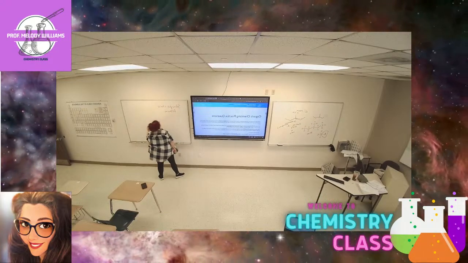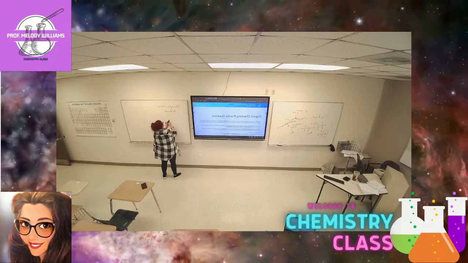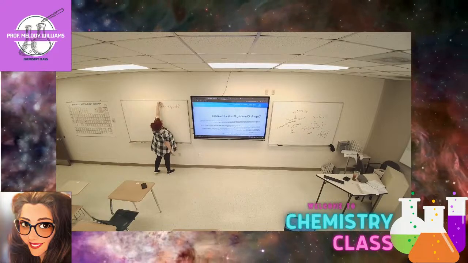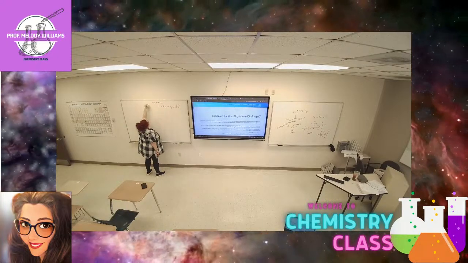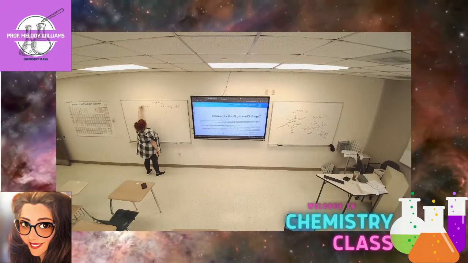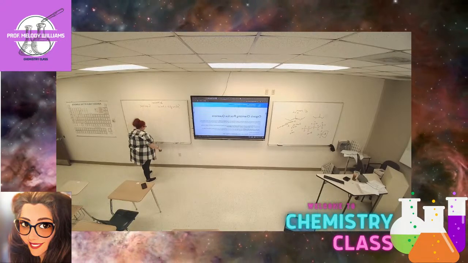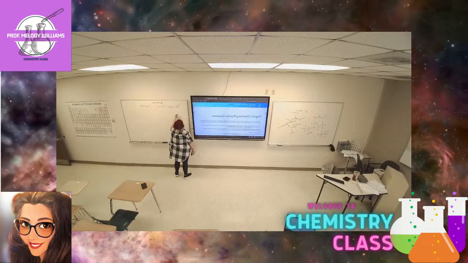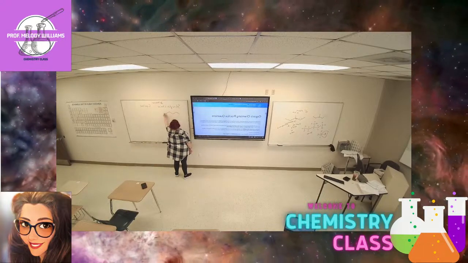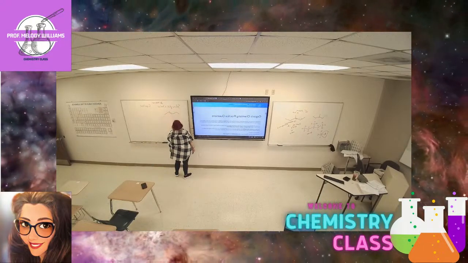Here I'm going to put alkenes on the top. It makes more sense to do it that way. Alkenes, we can have straight chain, and we can have cyclical, rounded. Straight chain alkenes kind of look like this. You can have one like that.